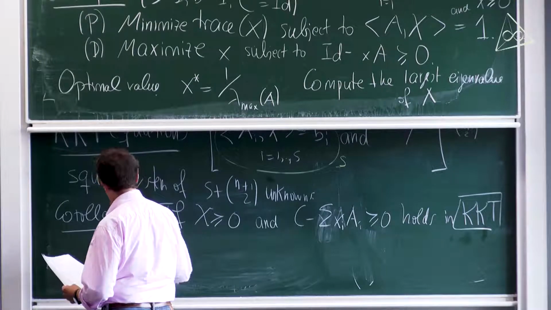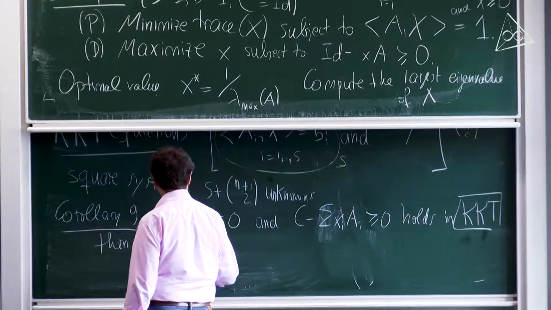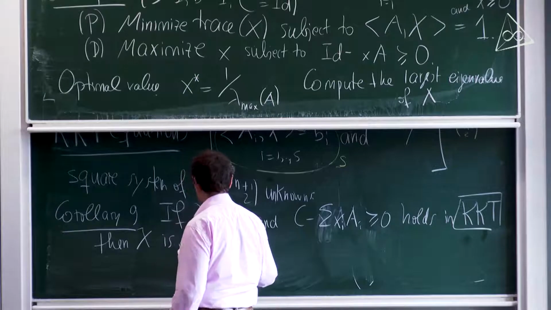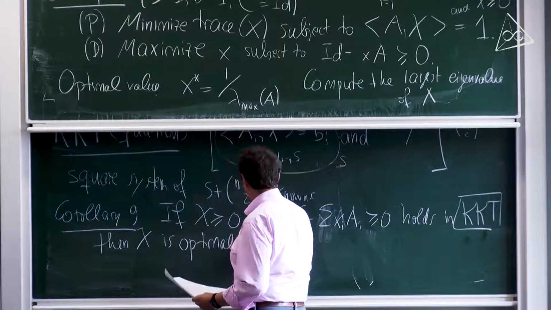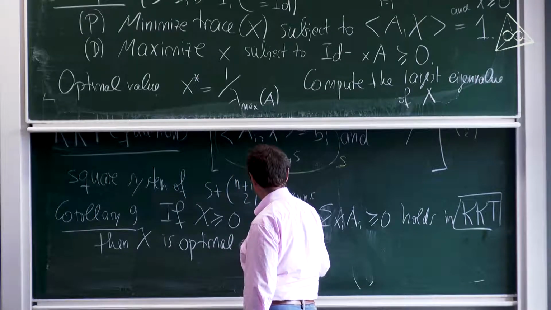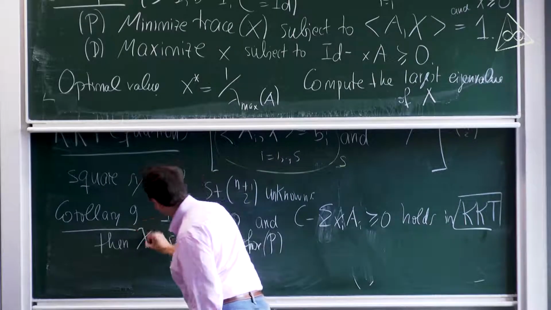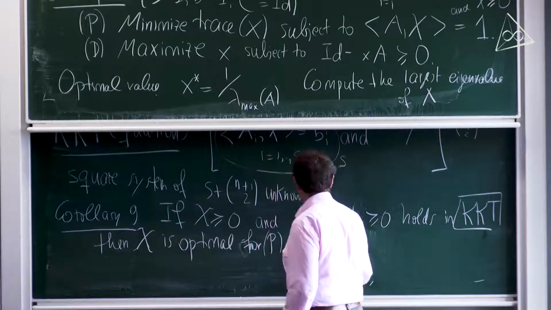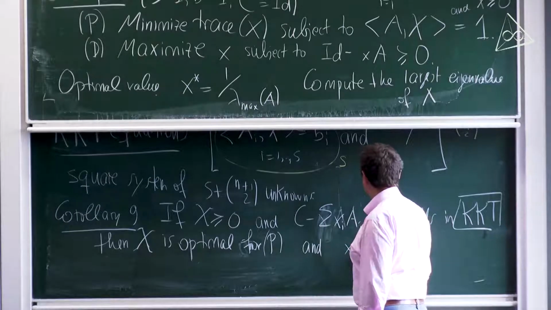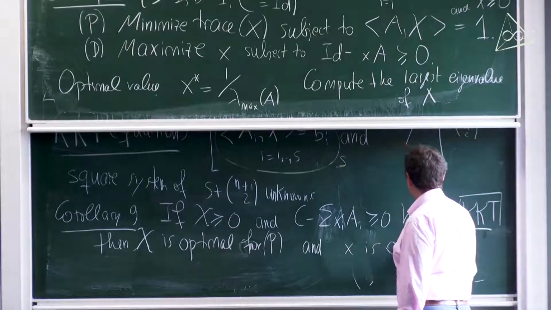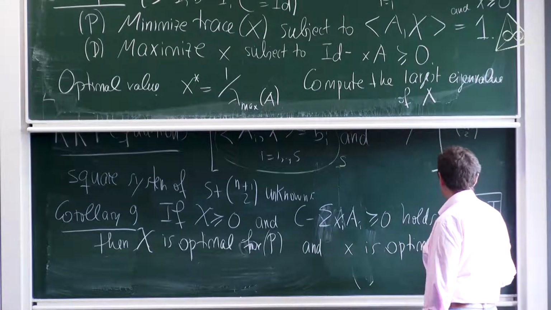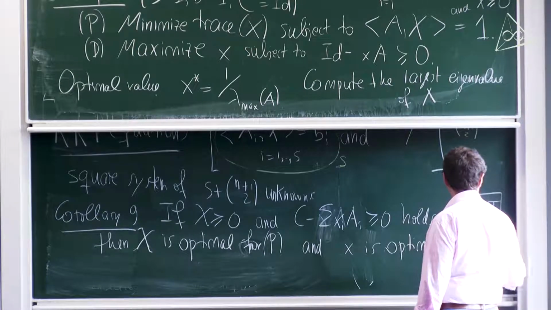Then big X is optimal for the primal, and little x is optimal for the dual.